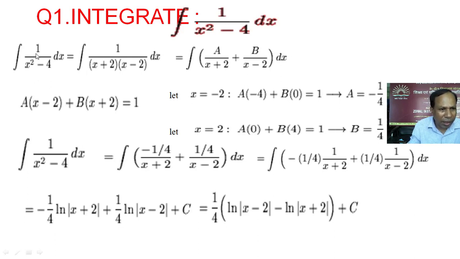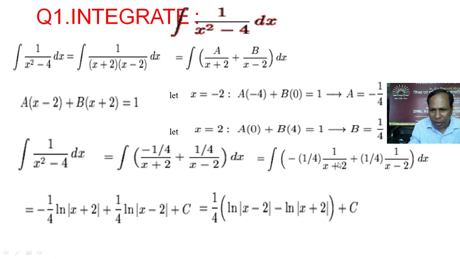So our integral becomes 1 by x square minus 4 dx is equal to integration of A by x plus 2, that means minus 1 by 4 by x plus 2, plus B by x minus 2, B is your 1 by 4, 1 by 4 by x minus 2. So now term by term integration. So minus 1 by 4 into 1 by x plus 2 plus 1 by 4 into 1 by x minus 2 dx.